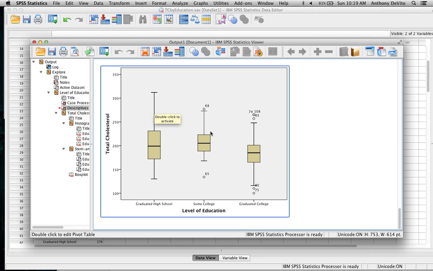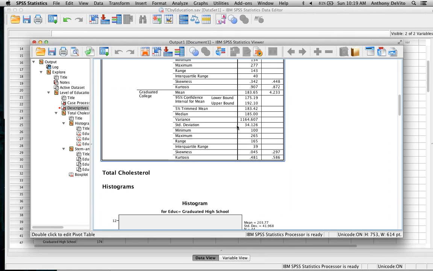And some college really doesn't look too different from high school. So based on this, I can see some differences, but there's so much variability. It's hard for me to tell just by looking whether the differences are due to actual differences for the average of the entire population of people in those groups, or if it's just due to chance in the sample that I took, even though the sample was random.